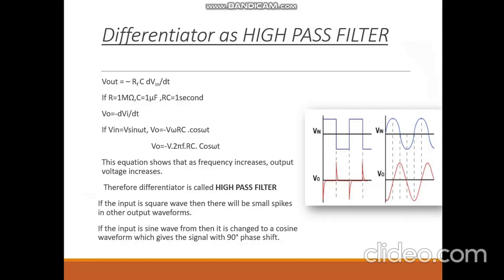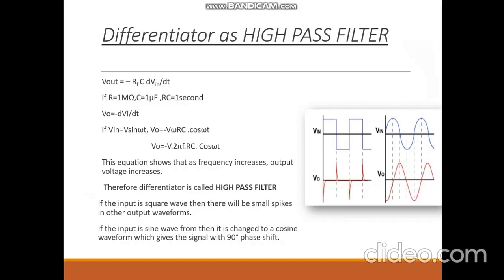Now let us consider that Vi is equal to V sin omega t. Therefore after differentiating it, V out is equal to minus V omega RC into cos omega t. Let omega be the angular frequency, so omega is equal to 2 pi f, and V out is equal to minus V into 2 pi f into RC into cos omega t.